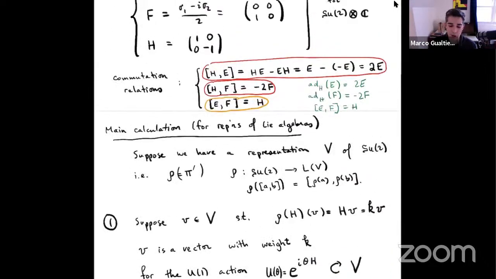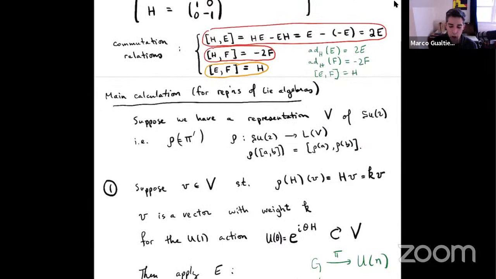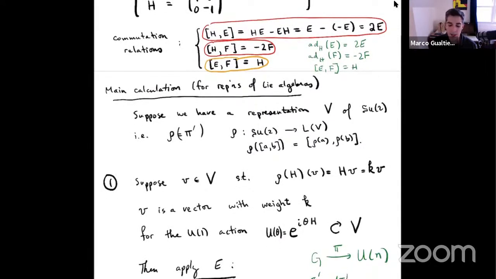So that will be our strategy: we're going to try to study representations of the Lie algebra and then exponentiate them.